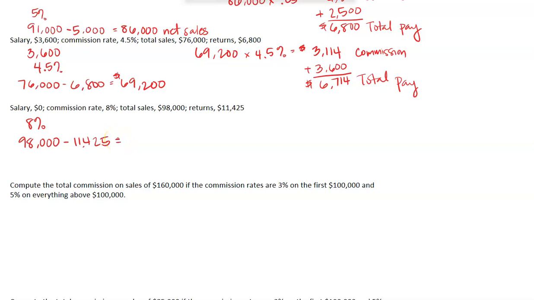This gives me $86,575. And I'll multiply that by 8%. This gives me a commission amount of $6,926. And this is going to be not just their commission amount, but their total pay.